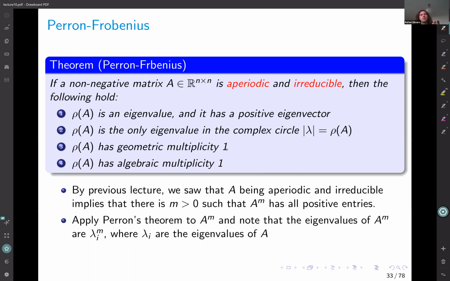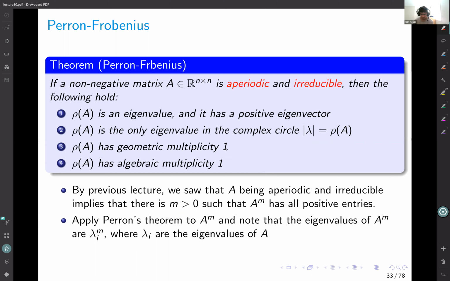So for example, if you have the matrix where 1 goes to 2, 2 goes to 1, that is periodic, because I only go back and forth. If you look at the matrix 0, 1, 1, 0, this is the graph where 1 goes to 2, 2 goes to 1.